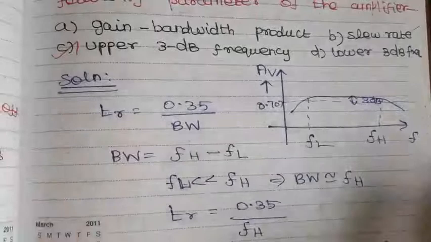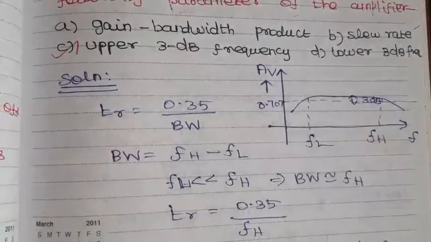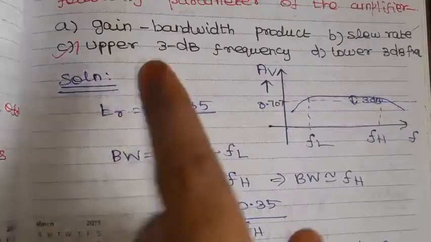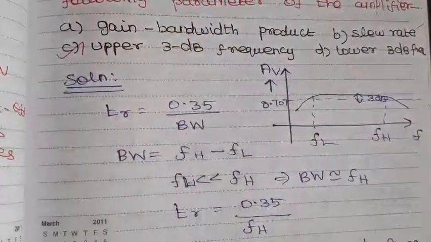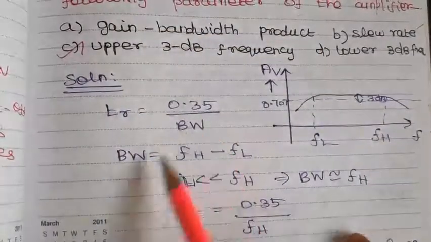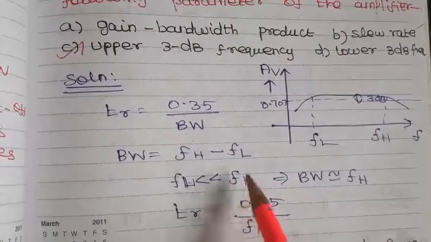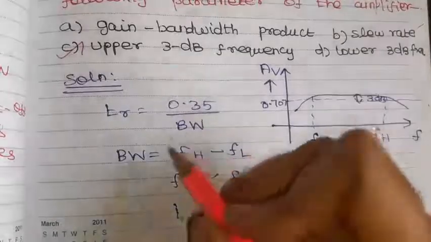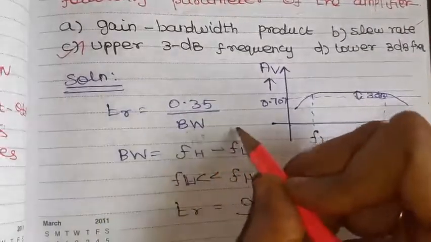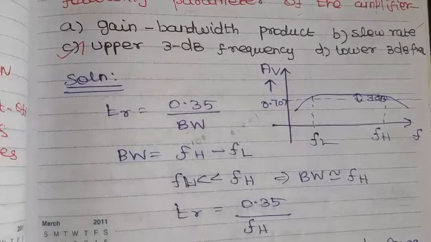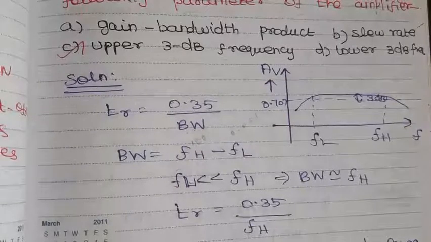From the measurement of the rise time, which parameter are we going to find out from the options? Bandwidth is fH minus fL. If fL is very much less than fH, for example fH is 100 and fL is 0.0001, it will not have much impact.